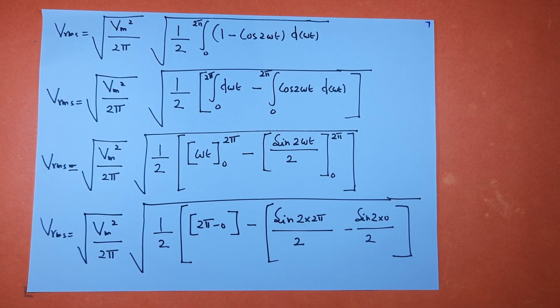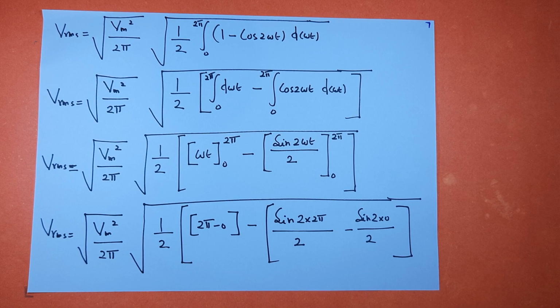Next step is going to be Vrms equal to square root of Vm square divided by 2 pi multiplied by square root of 1 by 2 integral 0 to 2 pi 1 minus cos 2 omega t d omega t.